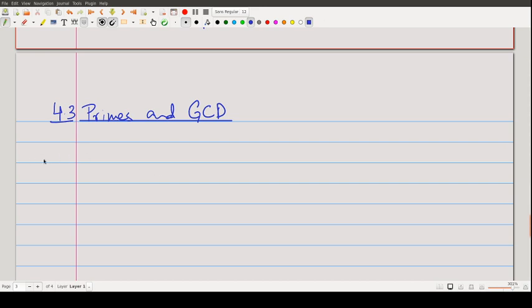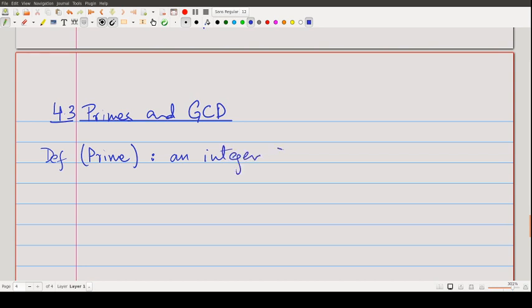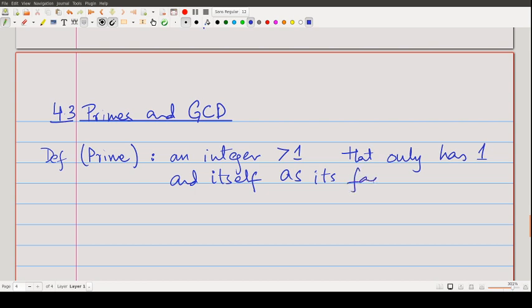Okay, let's first start with the definition of a prime number. I hope everyone here knows what a prime number is. So we start off by defining a prime. A prime number is an integer greater than 1 that only has 1 and itself as its factors.